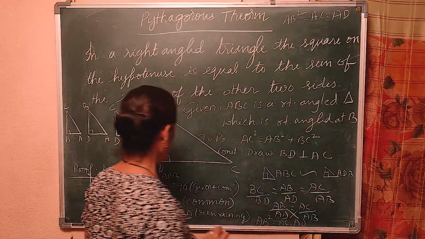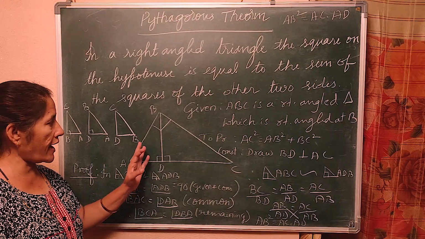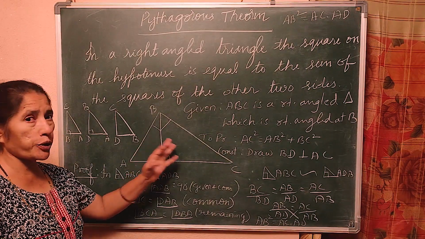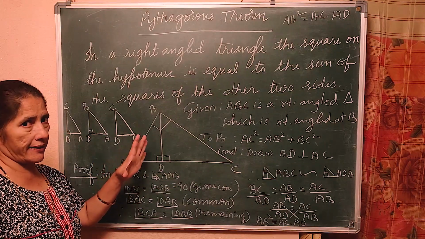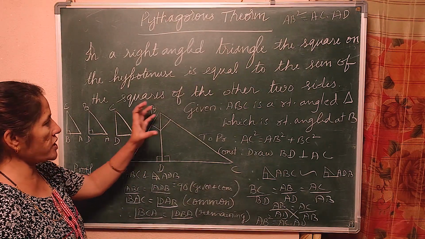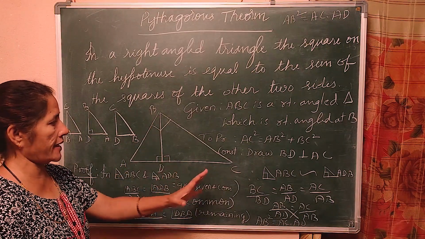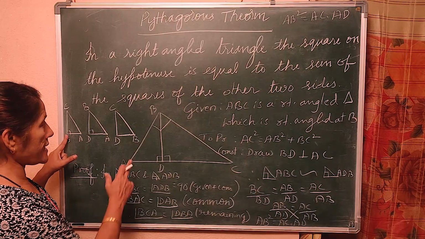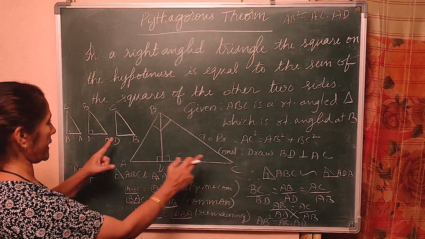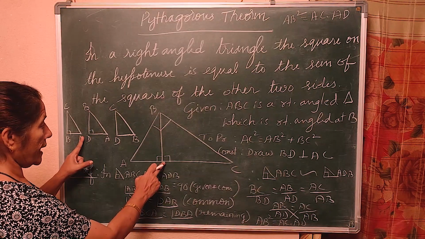I said, when I draw BD perpendicular to AC, it divides the triangle into two parts, and hence I got three triangles. One is the original ABC, another one ADB, another one BDC. And according to my convenience, I gave the names. One is right angled at B, the other two right angled at D. Another one, A is common, you see.